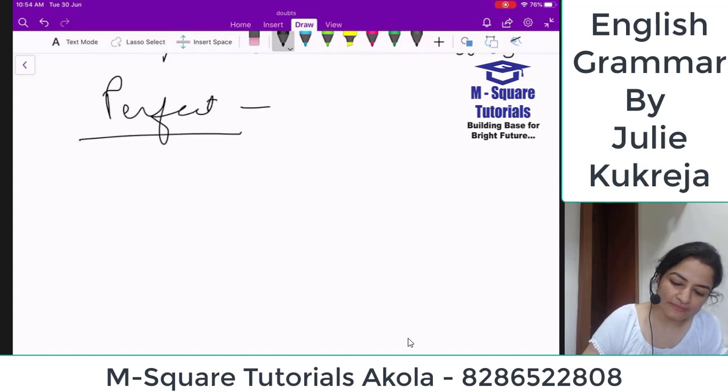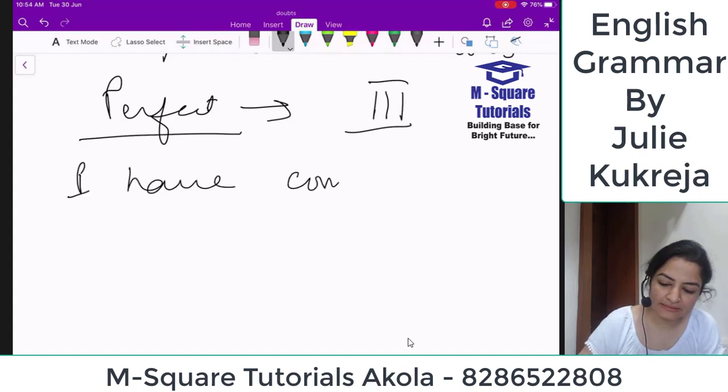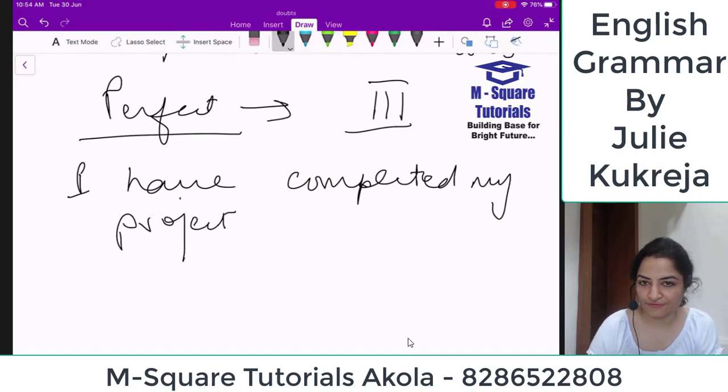Whenever perfect comes, we have to always use the third form. Now say, for example, present perfect: I have completed my project. Has and have denote the present perfect.